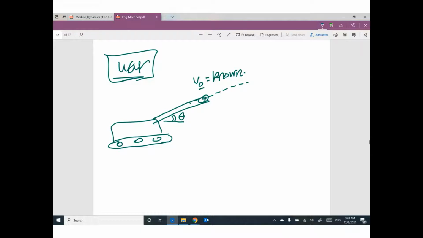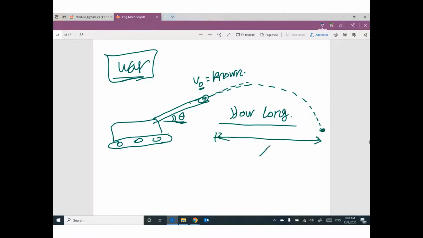Based on the initial velocity and the adjusted inclined angle, I can calculate where this projectile will hit the ground surface, or how long, and how far, what is the distance. All of these calculations must be done for the soldier to adjust the inclined angle, because there is no adjustment for the initial velocity. Initial velocity is based on the type of the cannon.